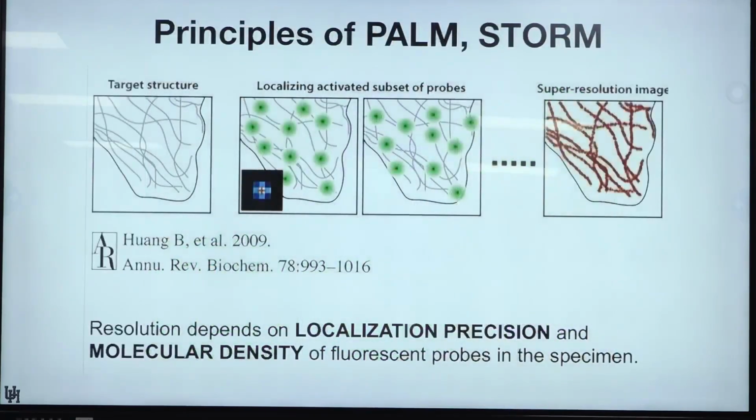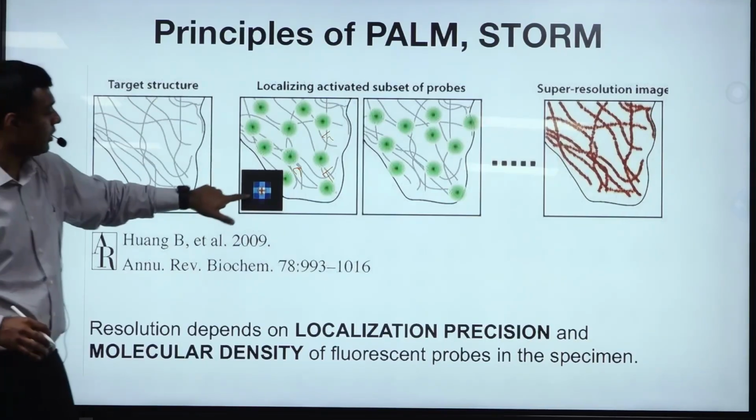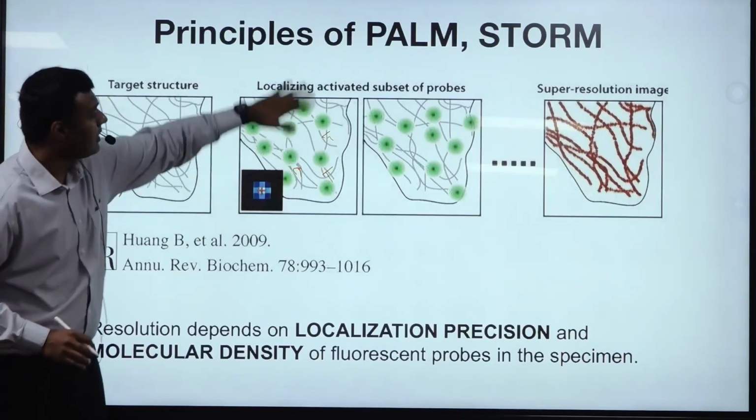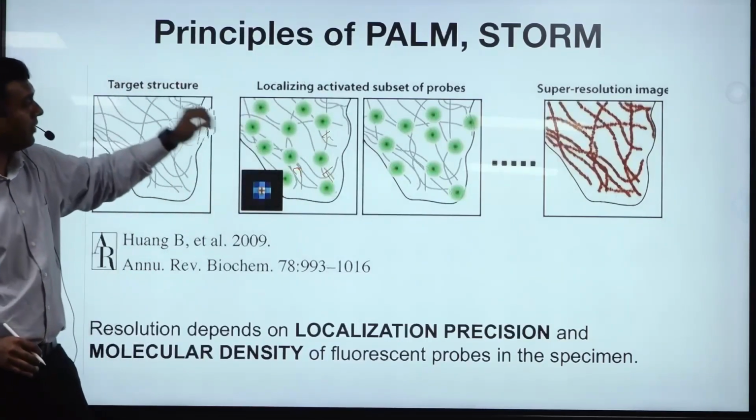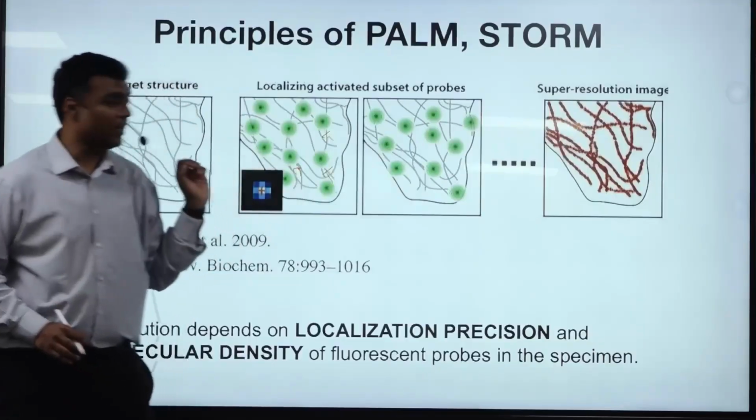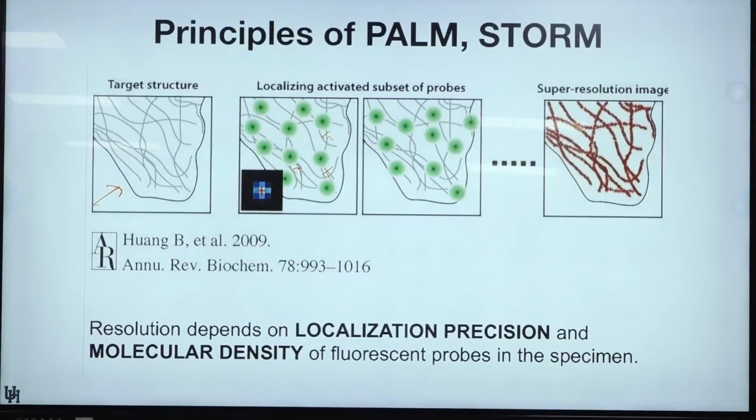You have a target structure with some thin fibers inside that you want to see, and these dots are emitting light. So do one localization, find the center, then next time do another activation, another set of dots, do a localization there, and keep doing that many times, and you construct an image of this structure.